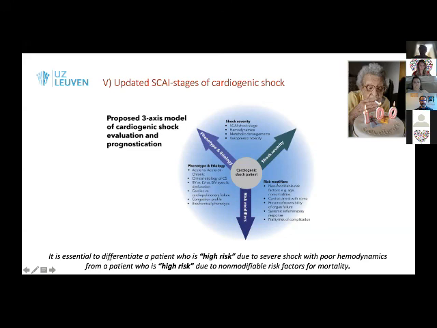So if your patient is old, has lots of comorbidities, is in a coma, has lots of organ failure, has a high frailty index, that's a completely different patient from one that comes in with a myocarditis, a cardiopulmonary failure, so based on the phenotype and based on the shock severity, SKY A to E. So I think a SKY E, which is a 25-year-old with myocarditis, is completely different from a SKY E in a patient that's 85 after an acute coronary syndrome.